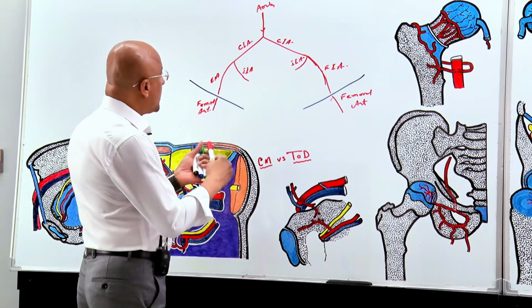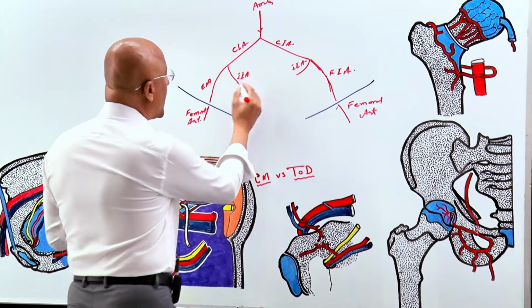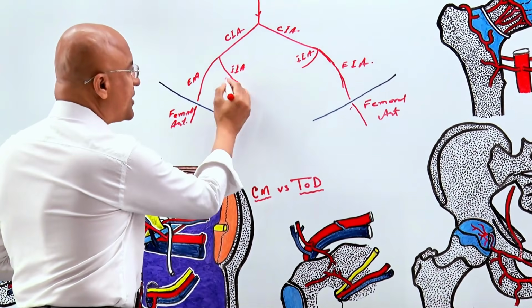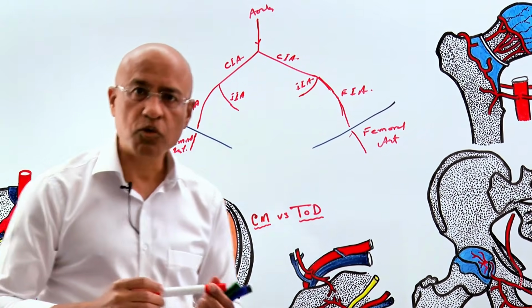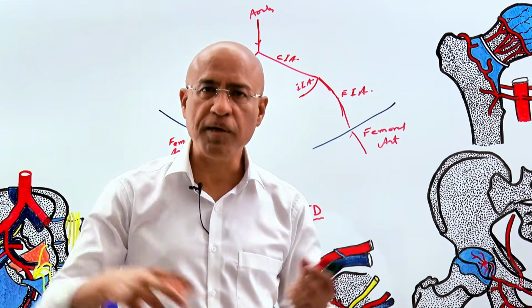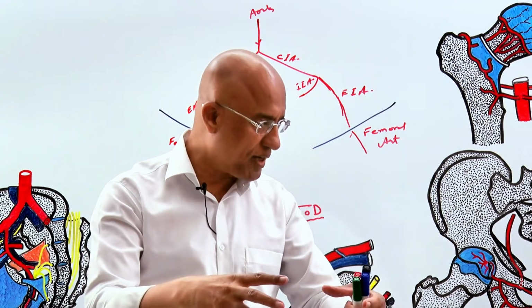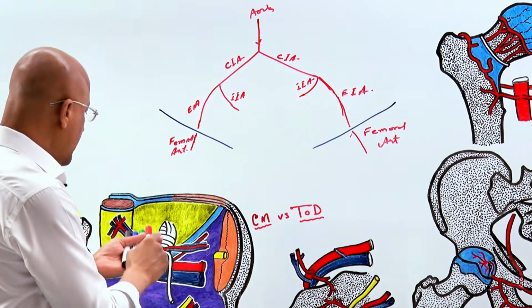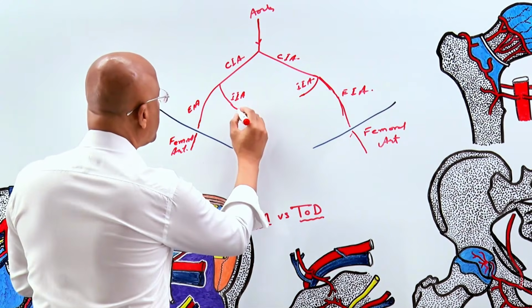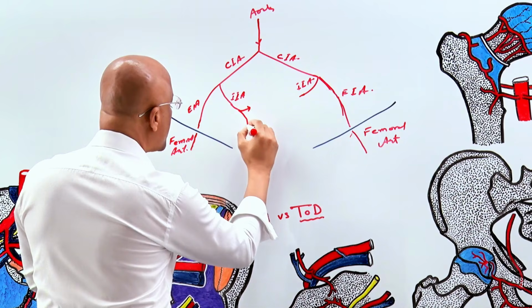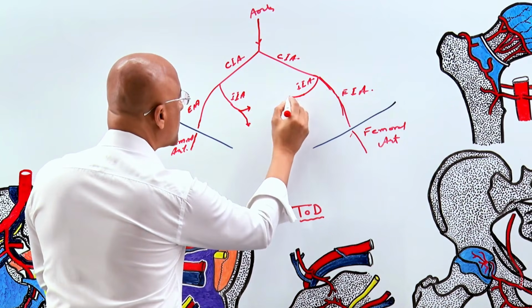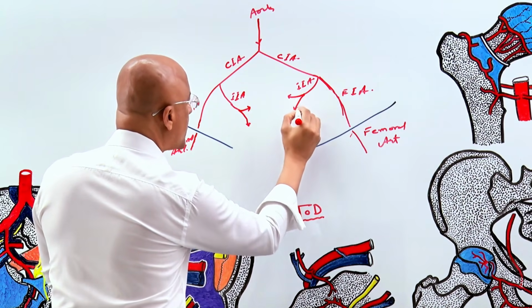Actually, look at it, the internal iliac arteries, right and left, are the main feeders to the pelvic organs. They divide into a posterior branch and an anterior branch.